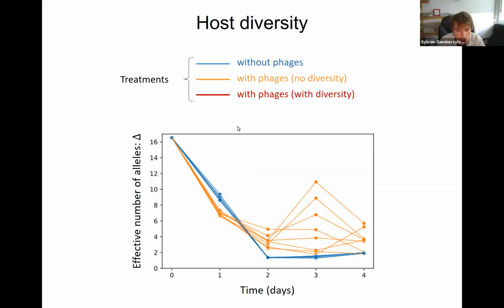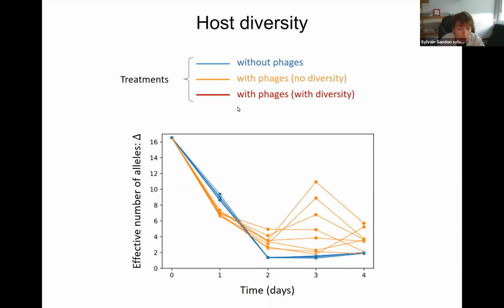When we add phage, we see that there is also a drastic drop in diversity, in fact steeper than without phage. But then the population starts to recover and the diversity is maintained, and in fact it can also increase with time. And again, there's quite a lot of variation among replicates.